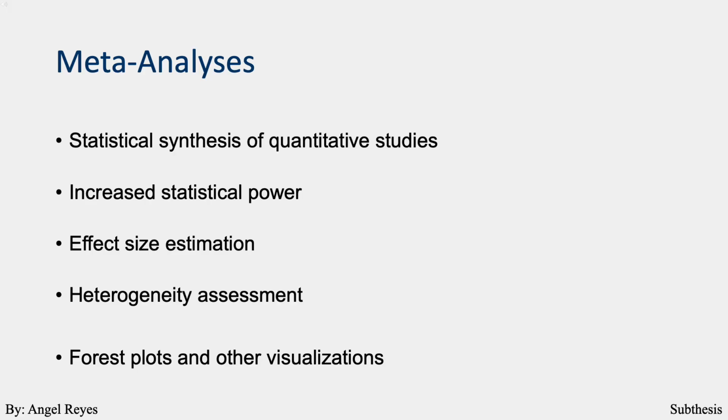Meta-analyses represent a specialized form of systematic review that employs statistical methods to synthesize results from multiple quantitative studies. This approach provides increased statistical power by combining smaller studies into a larger analyzed sample.